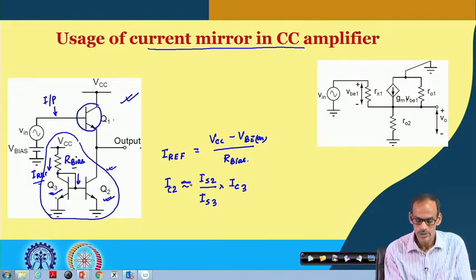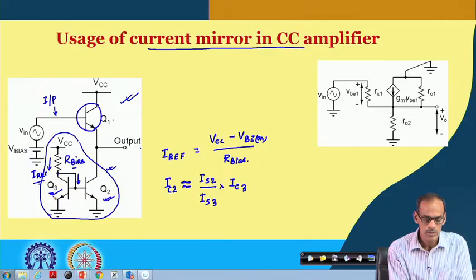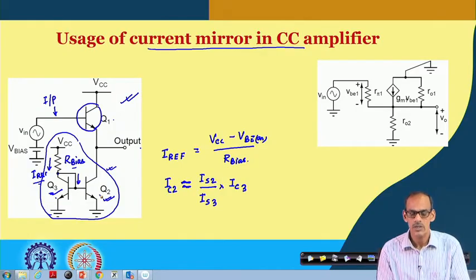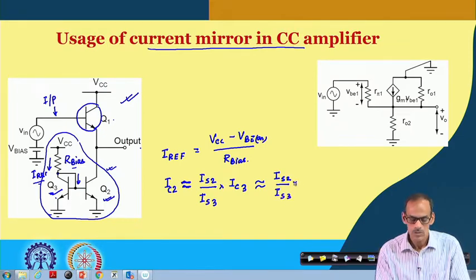So, this is the exact equation assuming transistor 2 and transistor 3 are identical, and then this may be well approximated by Is2 by Is3 into this I reference.